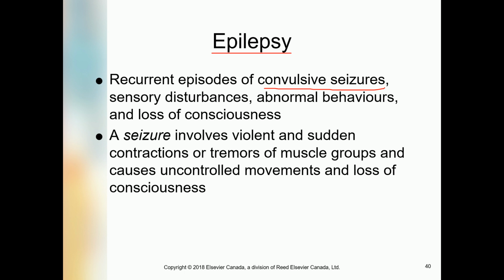That's called convulsive seizures, with sensory disturbance, abnormal behaviors, and loss of consciousness. A seizure involves violent and sudden contraction and tremors of the muscle. Tremors means shaking. Contraction is the opposite of relax, being so stiff.